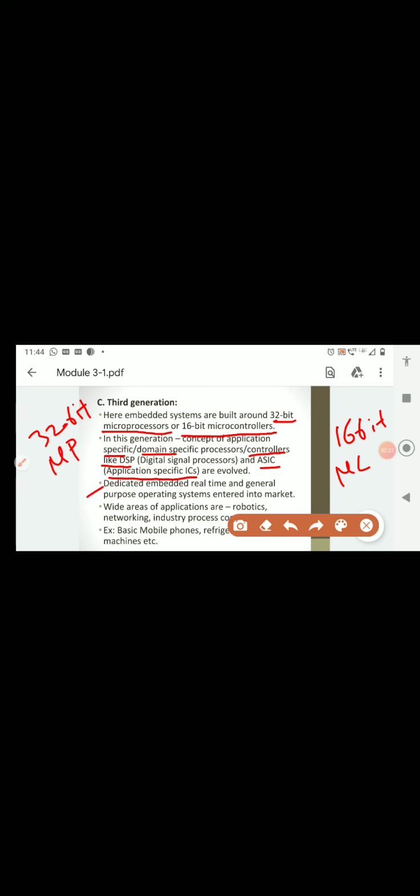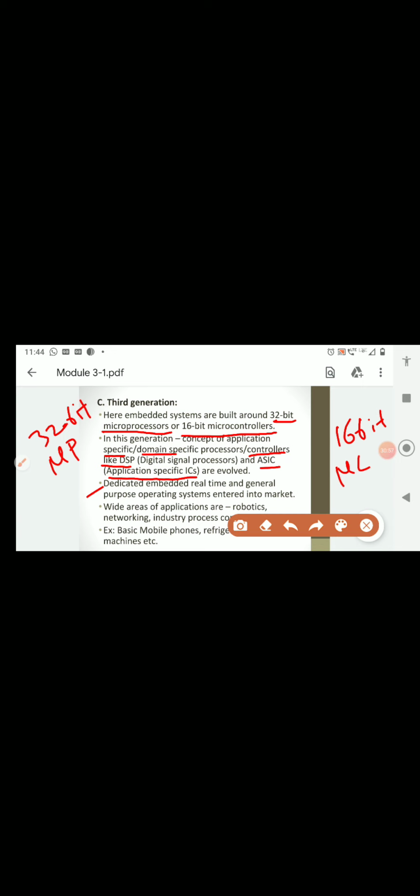So in the second generation the operating system was not compulsory. Some of the second generation embedded systems may not need an operating system to run, and some of them require an operating system.